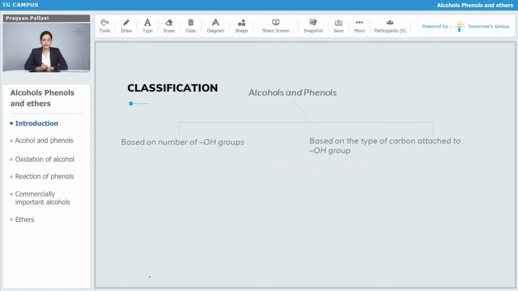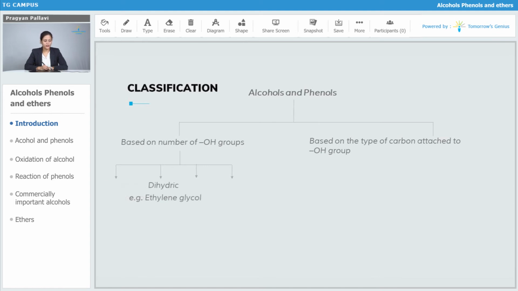Alcohols and phenols are classified on the basis of the number of hydroxyl groups as well as the type of carbon to which it is attached. On the basis of the number of OH groups, they are classified into monohydric, dihydric, trihydric and polyhydric. An example of monohydric is ethanol, where we have just one OH group.